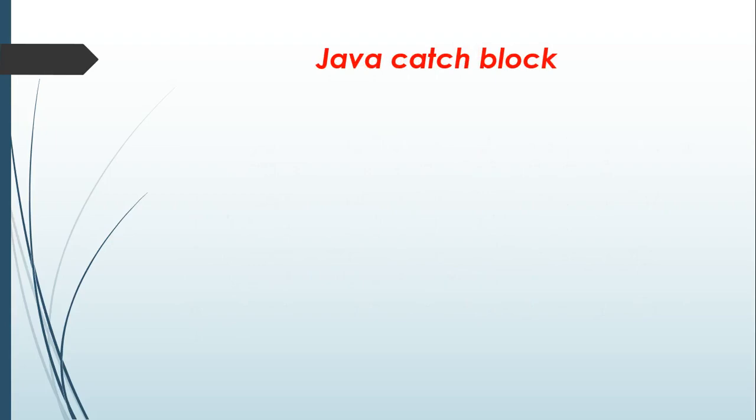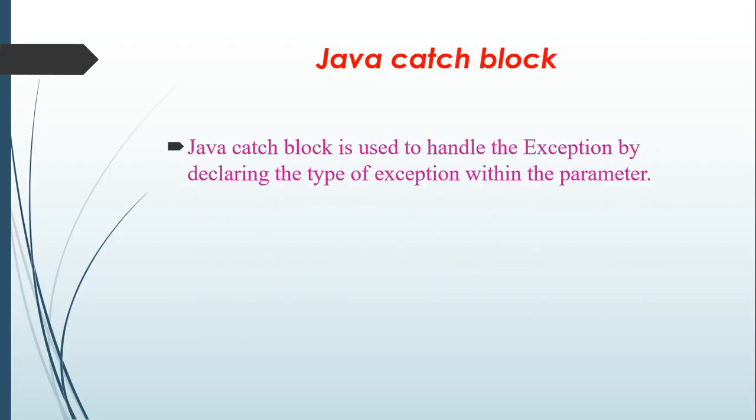Let's discuss the Java catch block. The Java catch block is used to handle the exception by declaring the type of exception within the parameter. We already know that the try block is where we keep the statements which may contain an exception, and the type of exception is caught by the catch block.